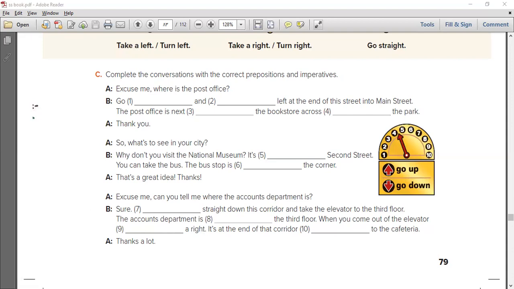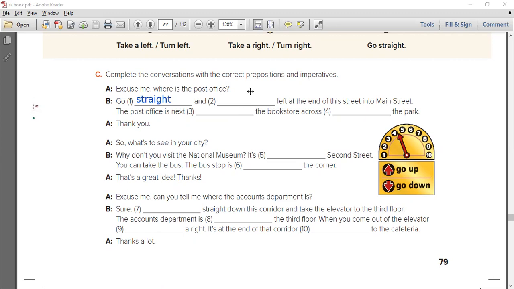Okay, shall we start? Right, the first one. Excuse me, where is the post office? And then we have go. Yes, Anhal. Go straight. Very good. So number 1, go straight and left.